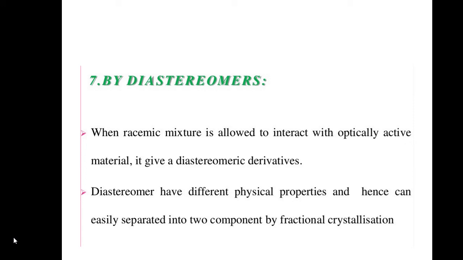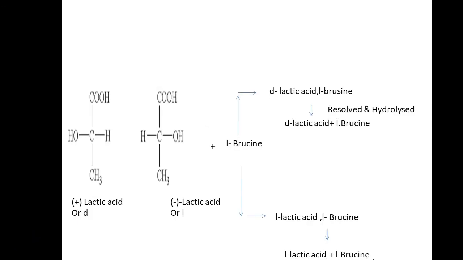For example, when a racemic mixture of lactic acid reacts with L-brucine, which is a base, it forms the diastereomers D-lactic acid L-brucine and L-lactic acid L-brucine. These diastereomers can be separated, and each separated diastereomer on hydrolysis gives pure D-lactic acid and pure L-lactic acid.